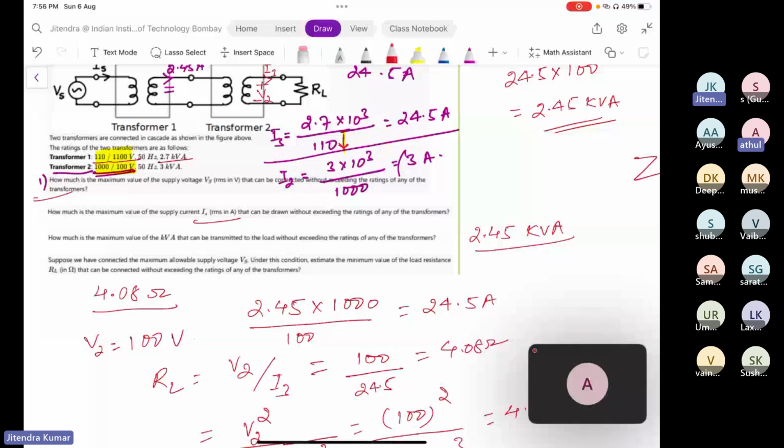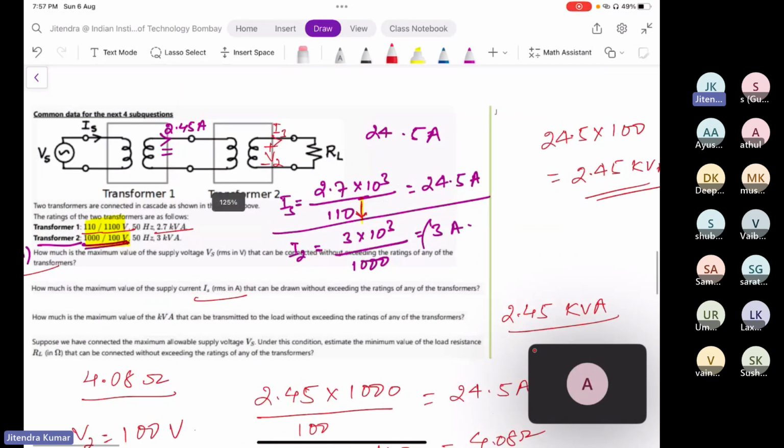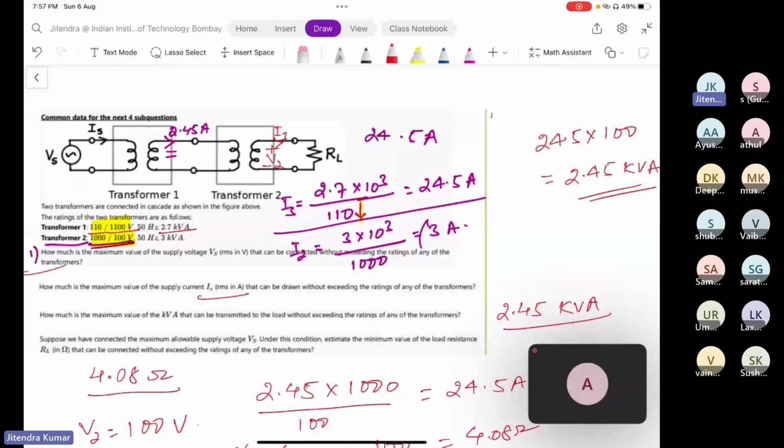Okay. And how did we find the current in the second one? That's what you're asking. So the current we found from that. See, here we had these two expressions, 2.7 kVA or 3 kVA, right?